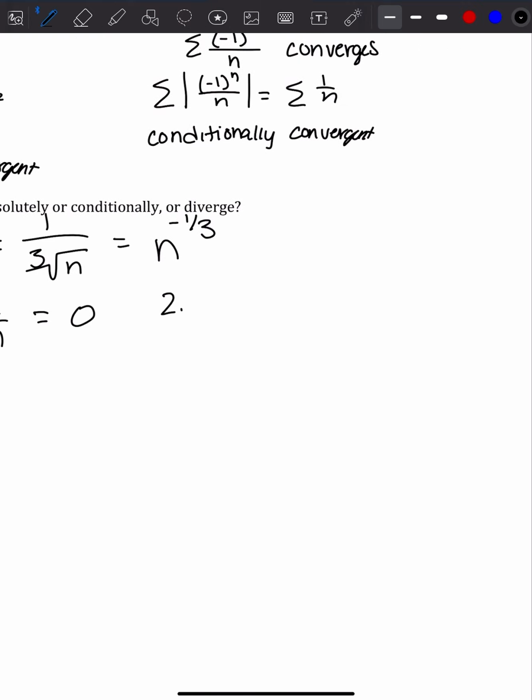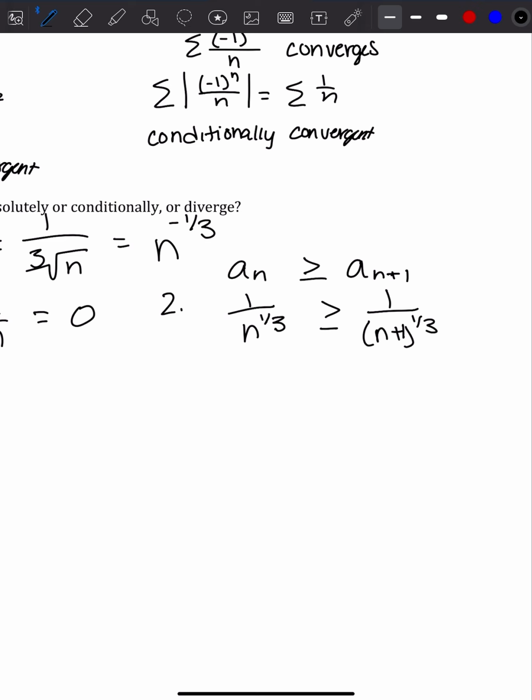are those terms getting smaller, or are they non-increasing? So we need to make sure that a sub n is bigger than or equal to a sub n plus 1. So I have 1 over n to the 1/3 less than or equal to 1 over n plus 1 to the 1/3.